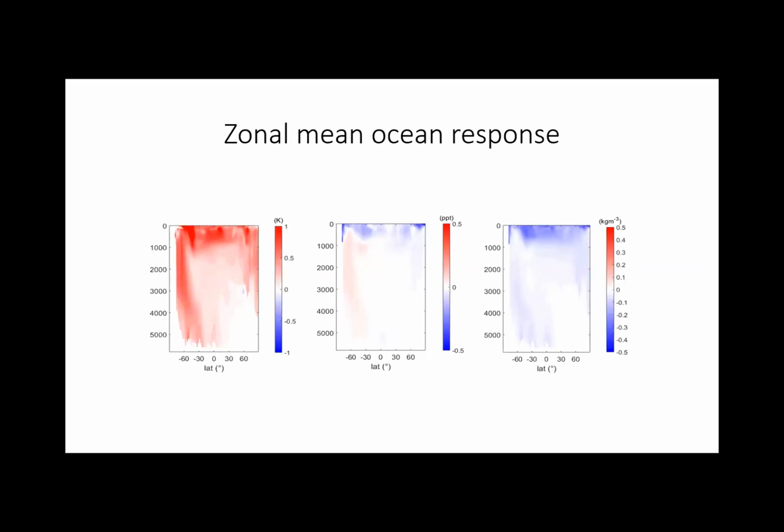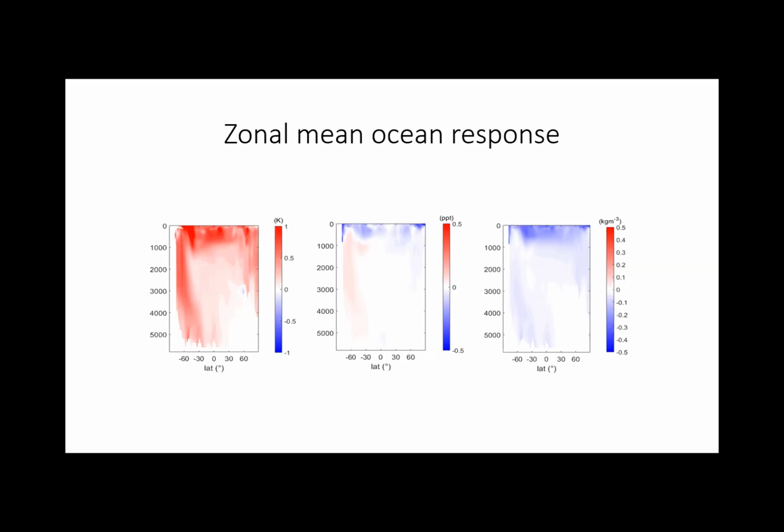So I won't focus on the ocean as I have a whole section of this. If anyone's interested in discussing it separately, then that would be great. But I just wanted to add a couple of things in to show the impact on the ocean and show that it's not just all happening at the surface with the SSTs.